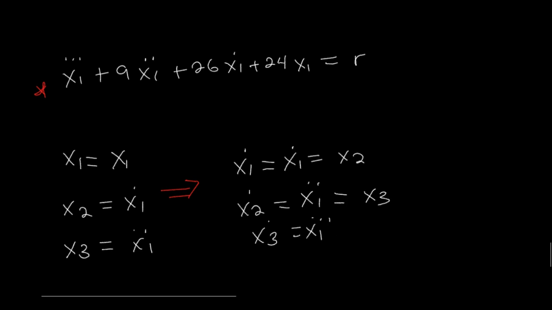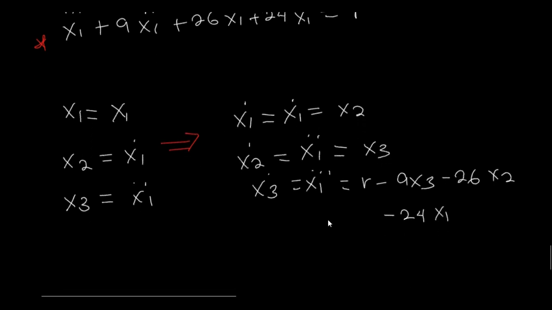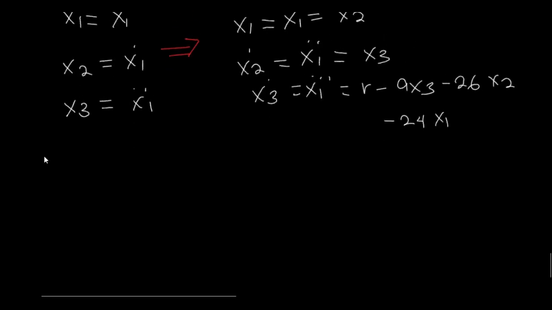Okay? Dito ko na isulat sa baba. So r minus 9x1 double dot, which is x3, minus 26 x1 dot is x2, minus 24 x1. So yung x1 natin is x1.